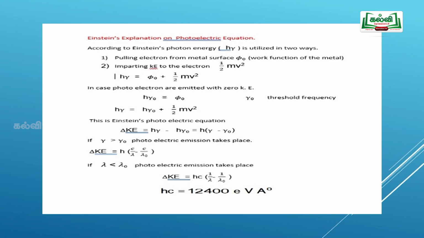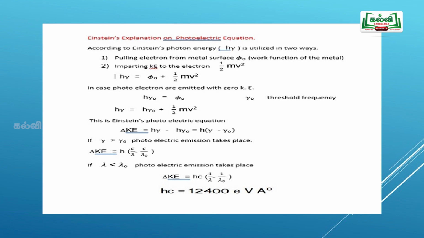In case photoelectrons are emitted with 0 kinetic energy, that means the incident frequency equals the threshold frequency, then h nu naught is equal to phi naught. The phi naught is called the work function of the metal. If you substitute this in the above equation, we get h nu equals h nu naught plus half mv square.